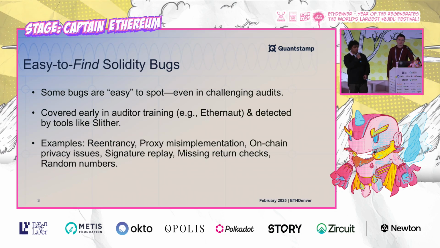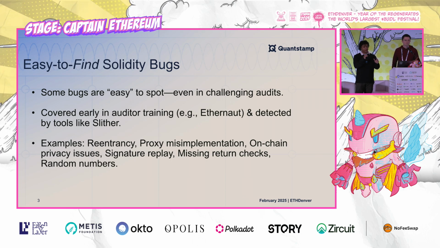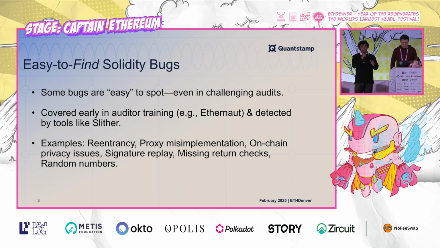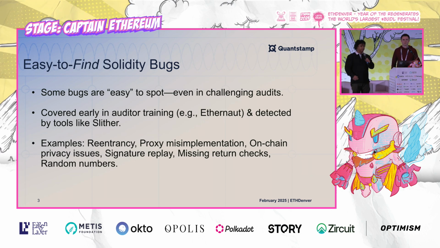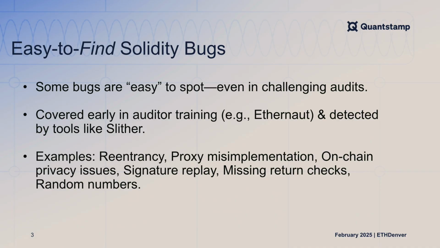Before we talk about easy-to-miss Solidity bugs, just to give a little background, we consider some bugs to be easy to find. These are bugs that usually you cover in the beginning of your smart contract career.